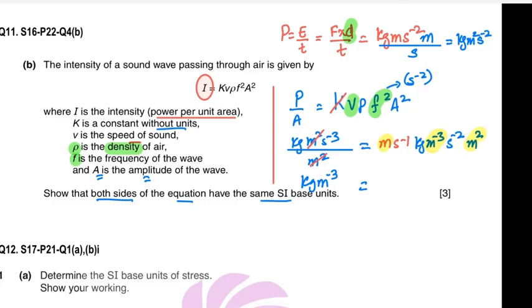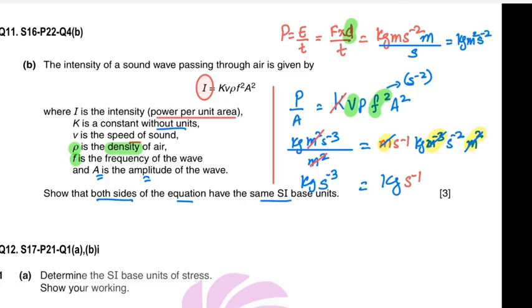So basically, what are we left with? Zero. Actually, remember, I wrote one thing wrong here. This is s power minus 3, not m power minus 3. So all m gets cancelled out. So what are we left with? We are left with kg, and this is s minus 1. How can it be s minus 1? What was v? It's the speed of sound. How can it be s minus 1?